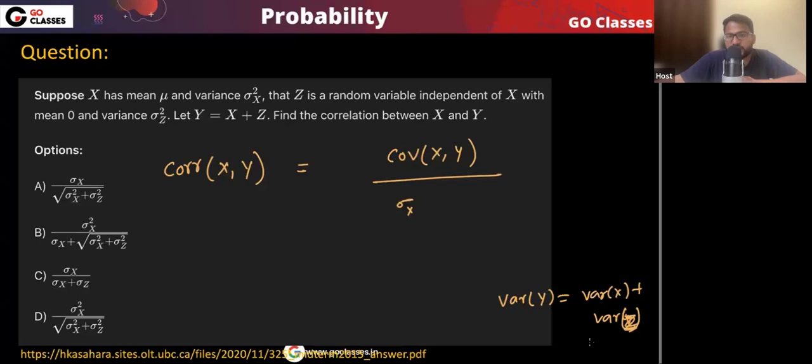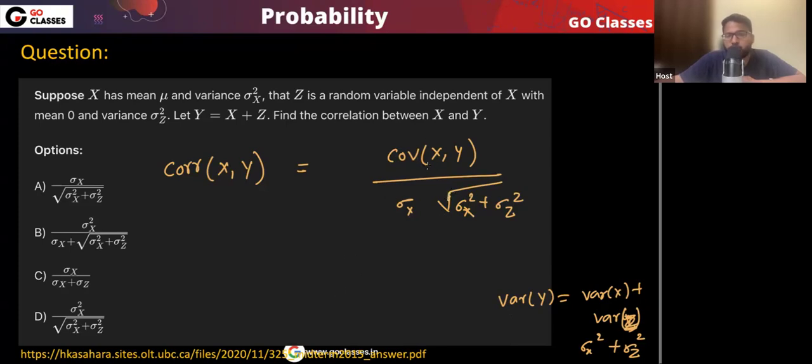So this is the variance of X, sigma X, and this is sigma Z. So you need to write sigma X square plus sigma Z square. These are the variances.